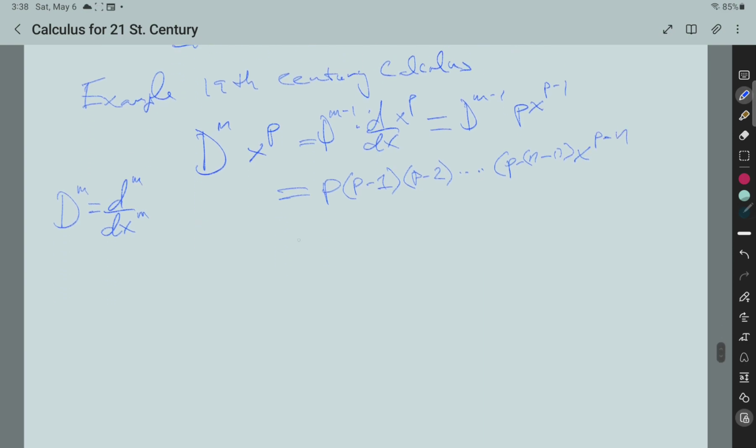So I'm going to rewrite this as p minus 1 all the way to p minus m plus 1, and then I'm going to write the x to the p minus m over here.